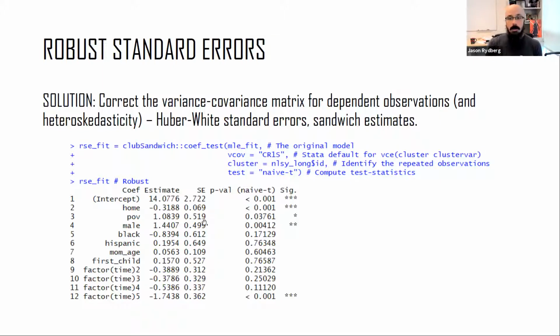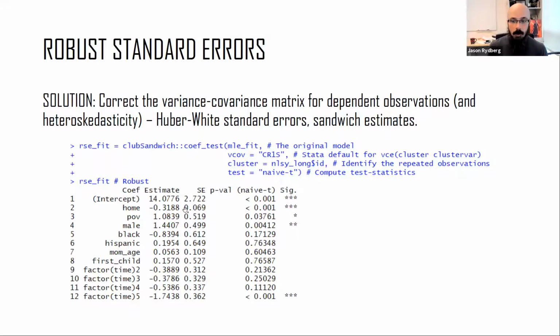Based on this, you could go back to the previous output and see some of the differences. The main thing to highlight is that the parameter estimates will all be the same because we have not corrected those at all. They still include an ambiguous mix of information from between unit variation and within unit variation.